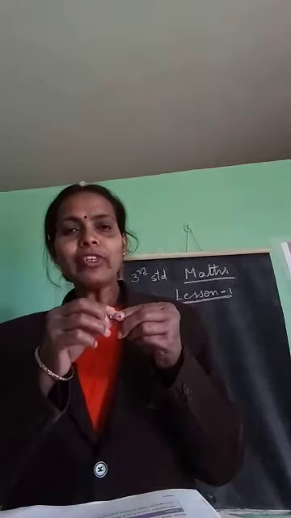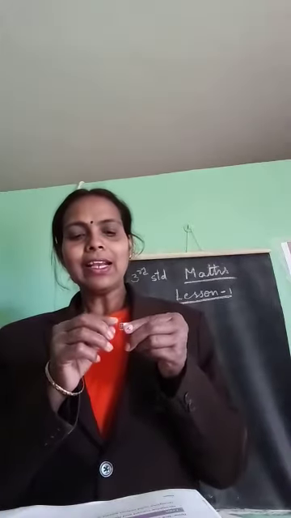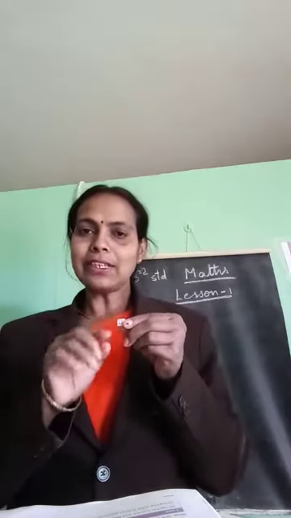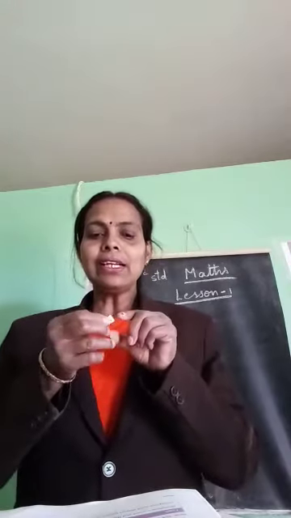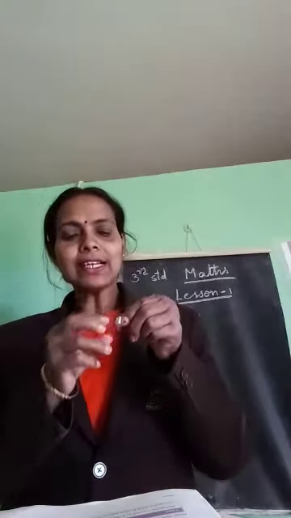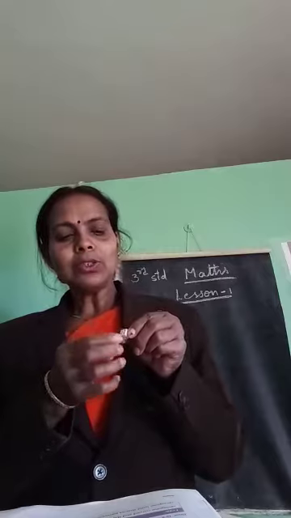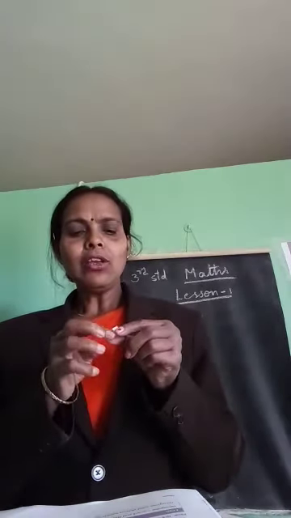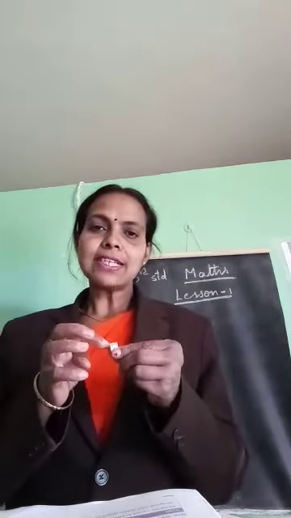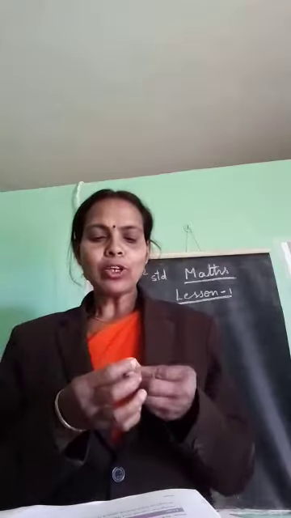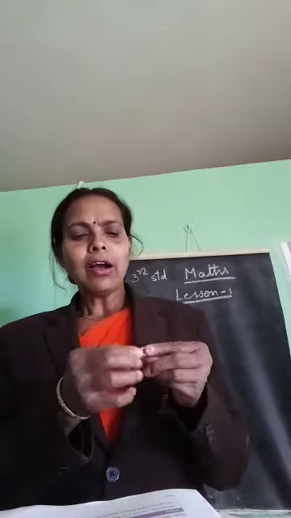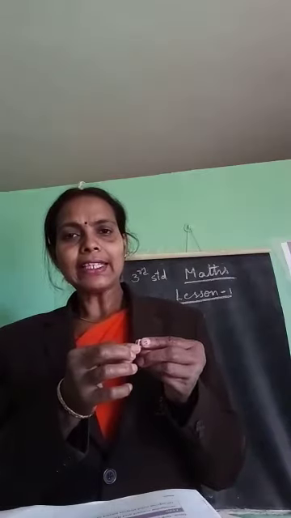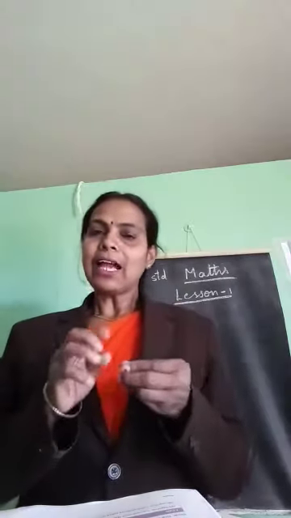It is made up of square faces. Length, breadth, and height are all the same. If it is a cube, how many faces are there? 1, 2, 3, 4, 5, 6 faces are there. How many corners are there? 1, 2, 3, 4, 5, 6, 7, 8. 8 corners are there. Like that, I have already taught you.